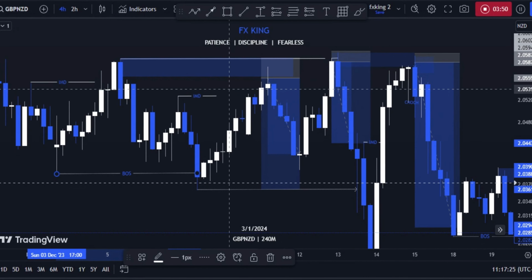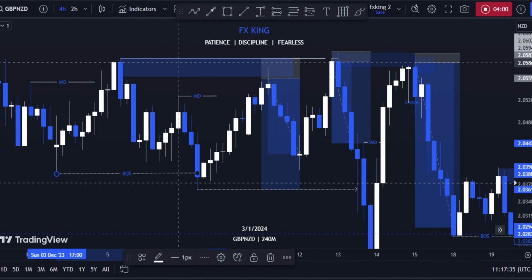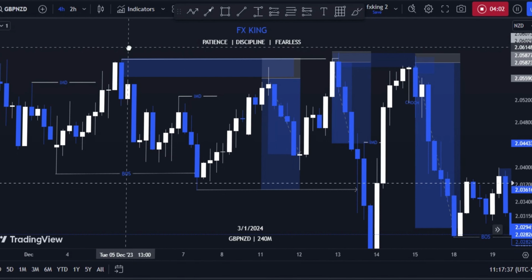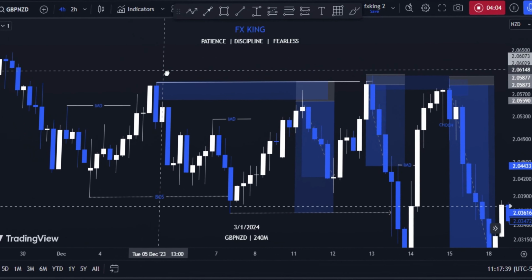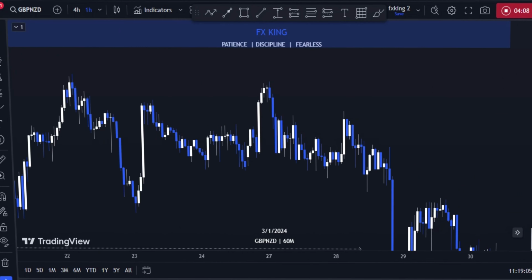So you should take into consideration previous highs and the way the candles behave there, right? Let's go to another example of a liquidity grab, or another example on how to spot liquidity.